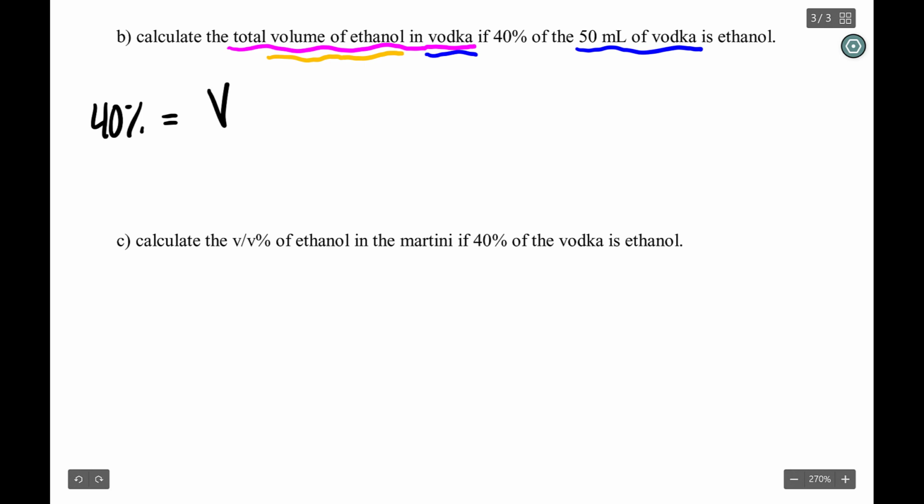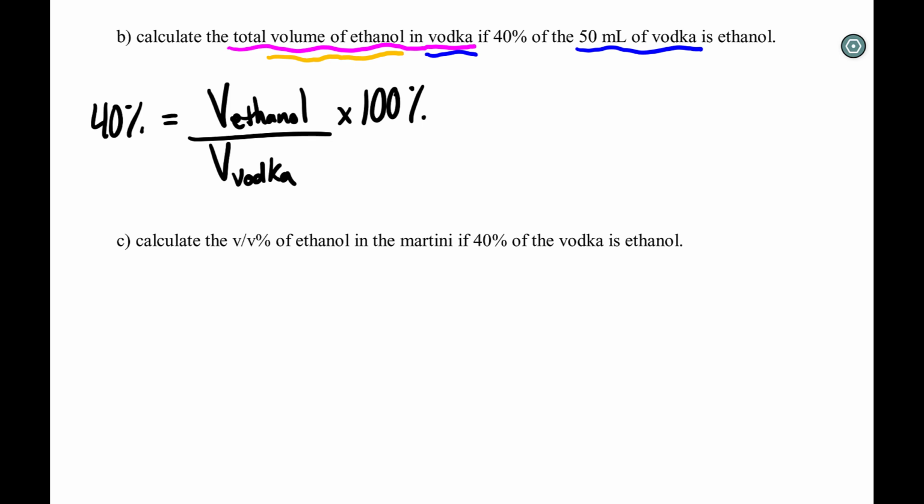What we're trying to figure out is the volume of ethanol in the volume of vodka, times that by 100%. So what I need to do is put in this volume of vodka on the bottom. This happens to be 50 milliliters.